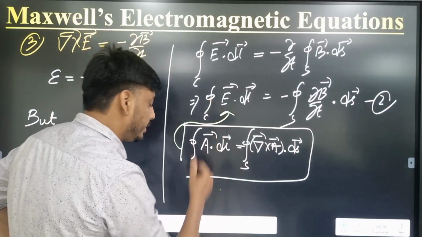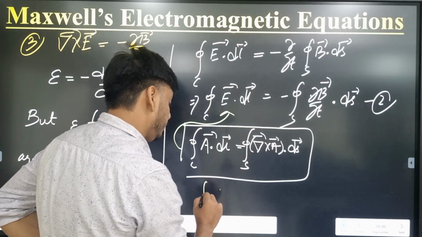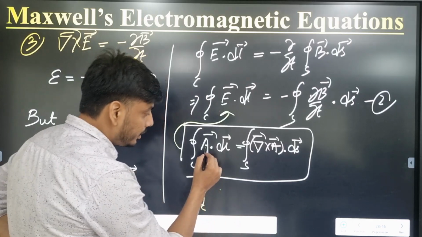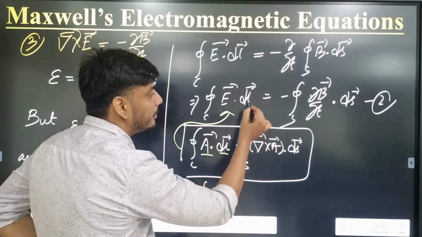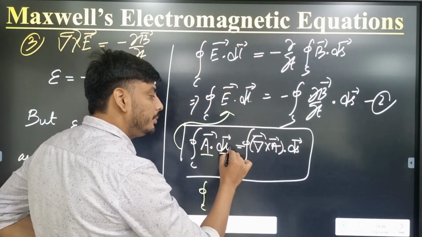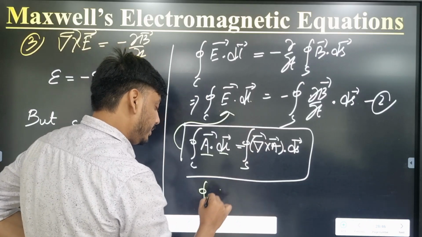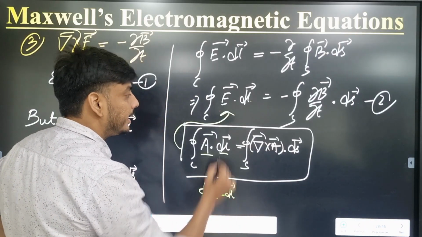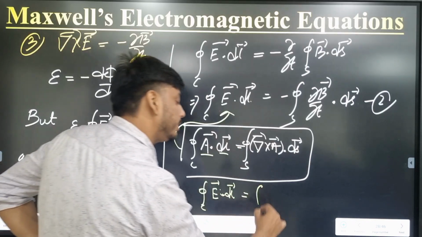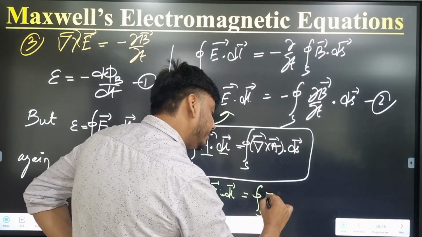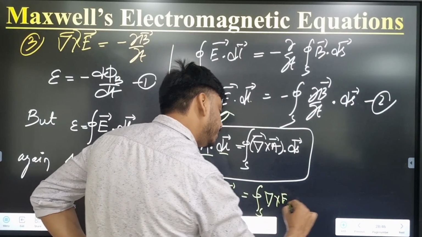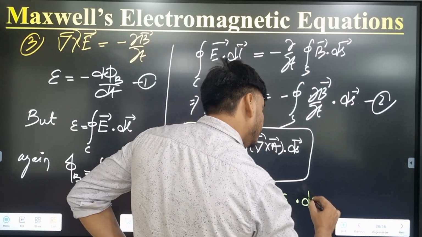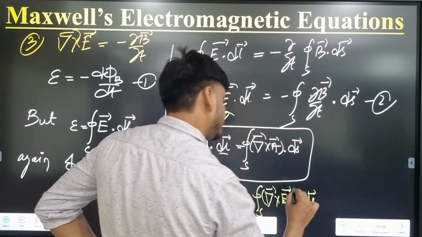So if we use this, the LHS of this equation, integral over C of E dot dl, will be converted to the integral over S of del cross E dot dS.